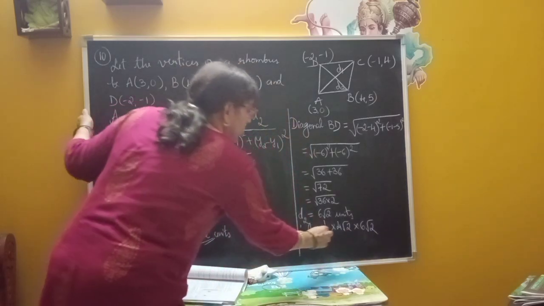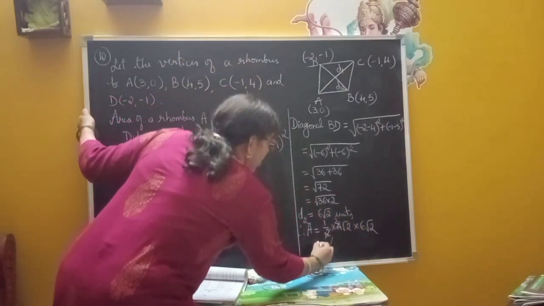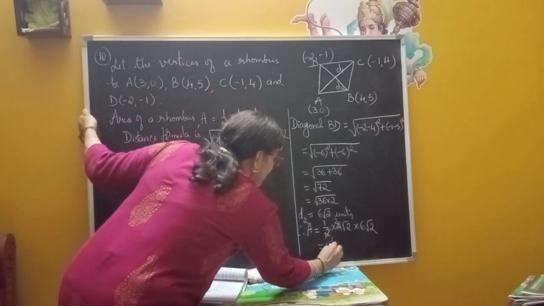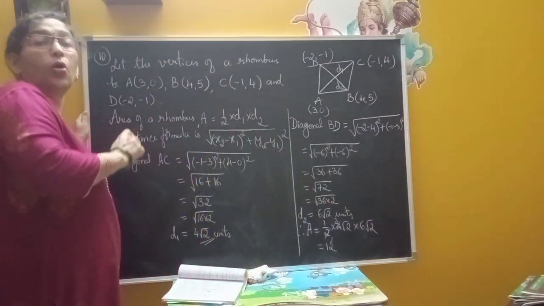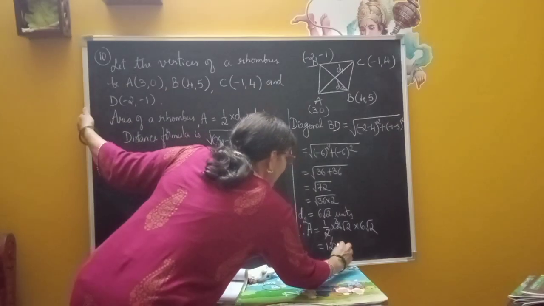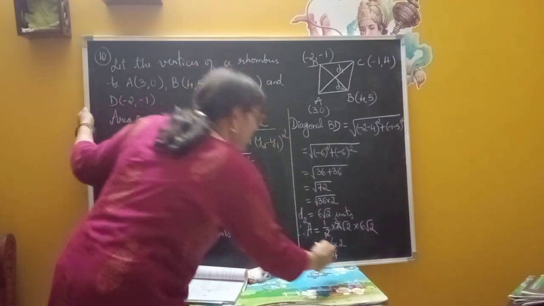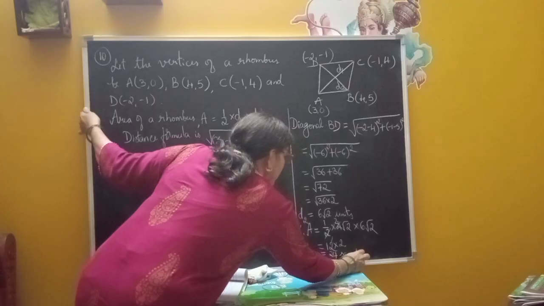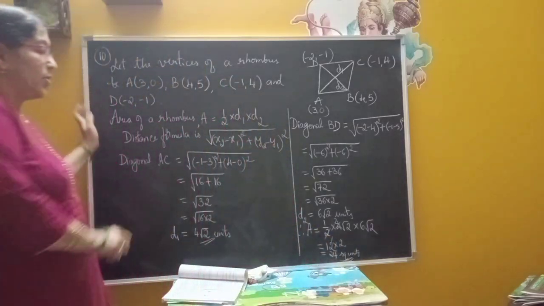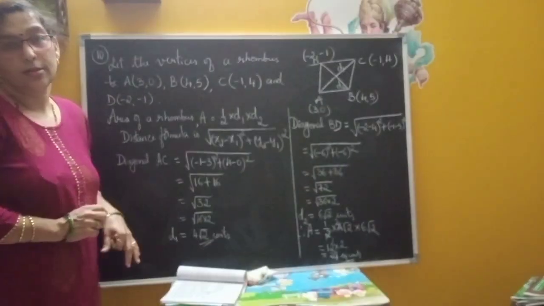Here 2 ones are 2, 2 twos are 4, so 2 sixes are 12, into root 2 into root 2. Root 2 whole square is nothing but 2. So 12 into 2, 12 twos are 24 square units. So the area of the rhombus is 24 square units.